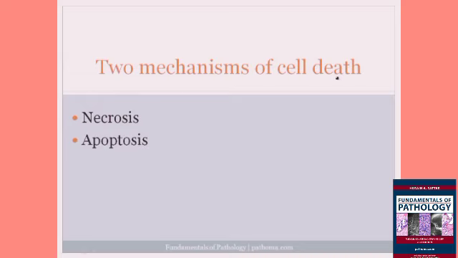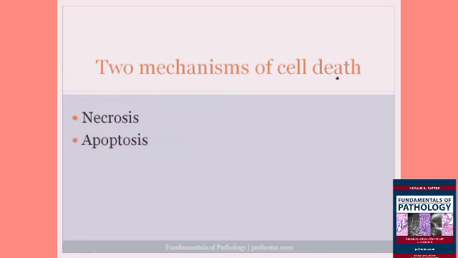Now, there are two mechanisms of cell death, and we have to be familiar with both. The first is necrosis and the second is apoptosis. The way I think about these is necrosis is sort of murder. Some pathologic process from the outside occurs, which then causes a grand scale destruction of the tissue, and that's necrosis.